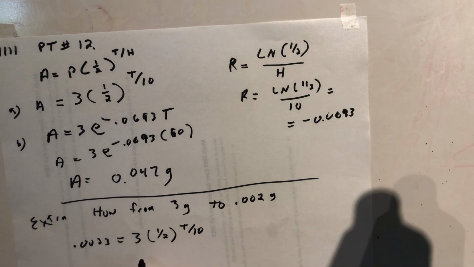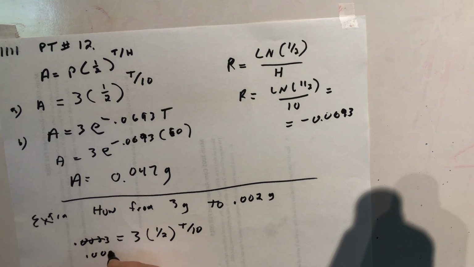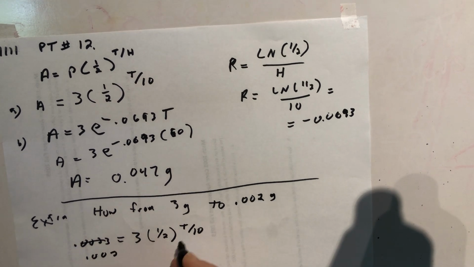Do this on divide first. Okay, it's 0.002. I don't know why I wrote it wrong here. 0.002 equals 3.